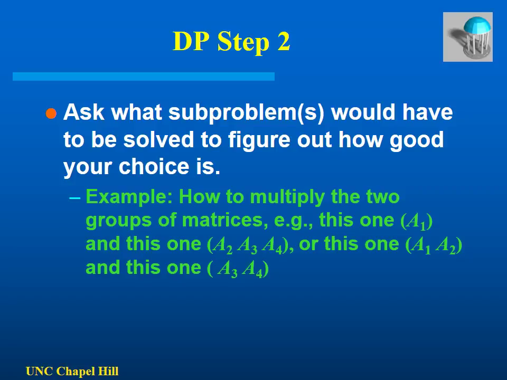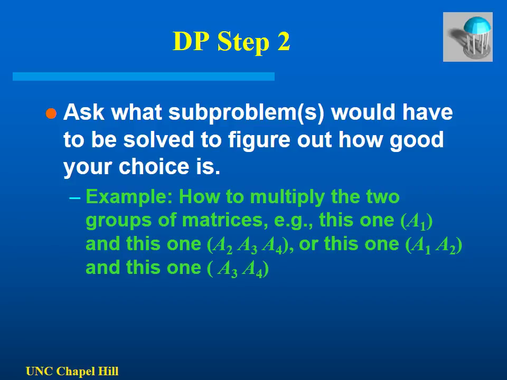That's recursive, but also you need to know how to multiply the two groups of matrices. That is to say, how much it costs to multiply the two groups of matrices.